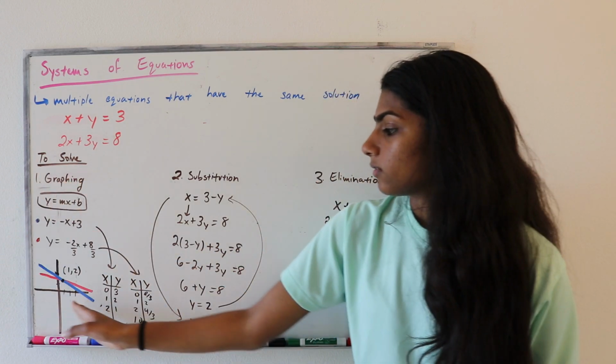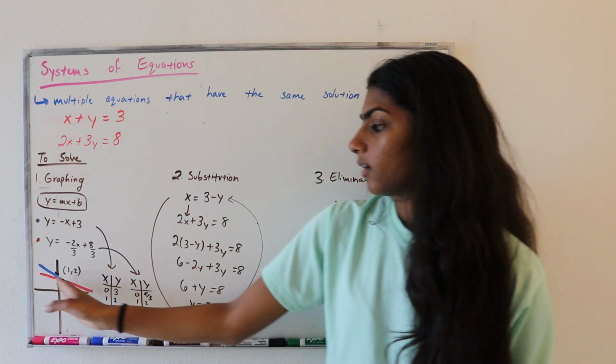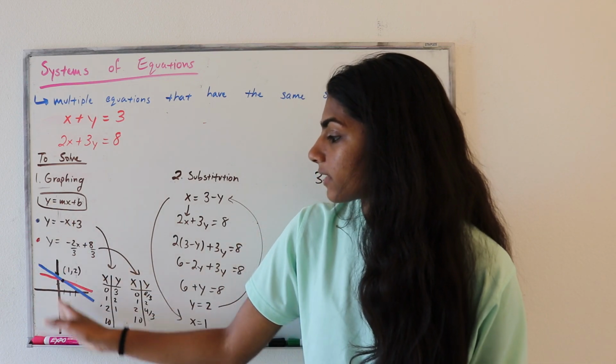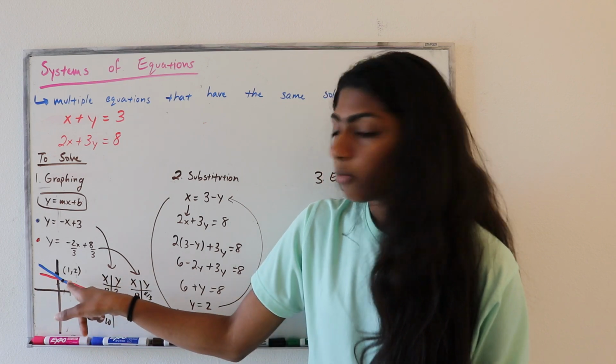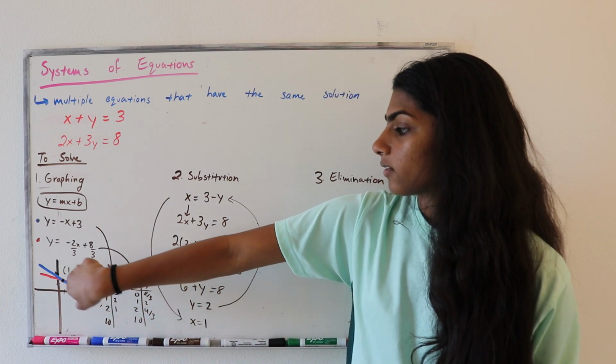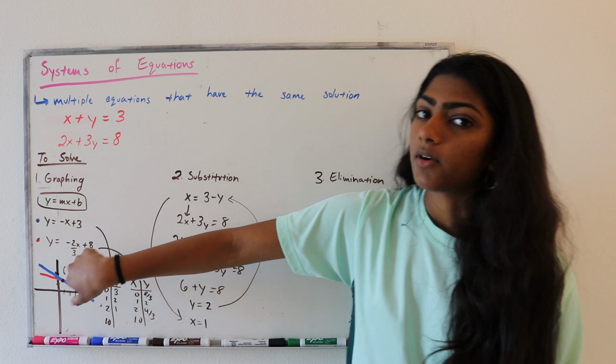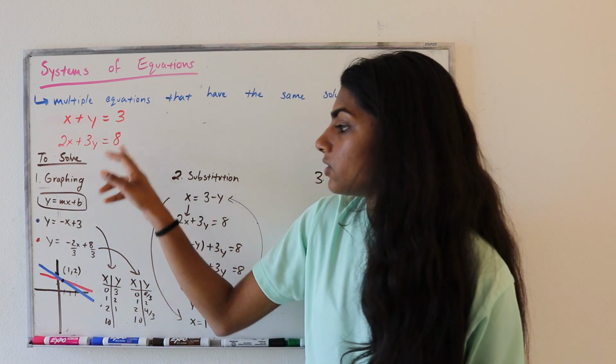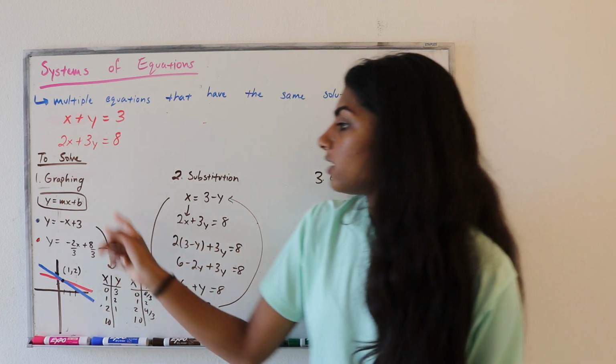Whatever x is, we'll graph on the x-axis, and whatever y is, we'll graph on the y-axis, and get a point, which gives us an ordered pair, x comma y.